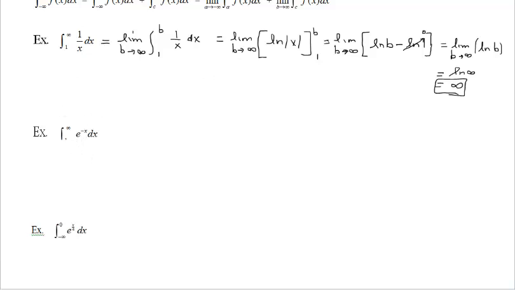All right, so let's see the next example here. How we're going to find the answer that we got previously, which was 0.368, I think, something like that on the other page. Yeah, 0.367879. Okay, it's improper. Let's rewrite it as a proper integral.